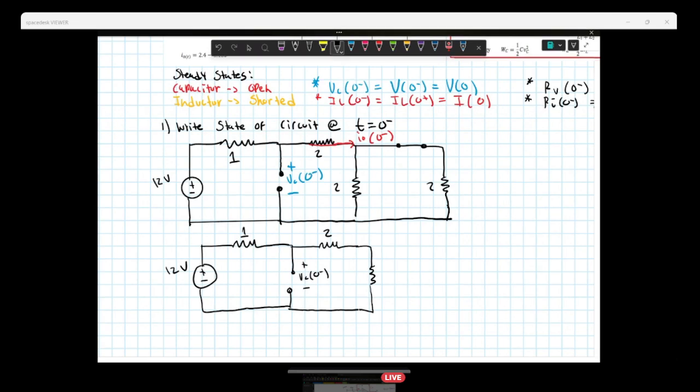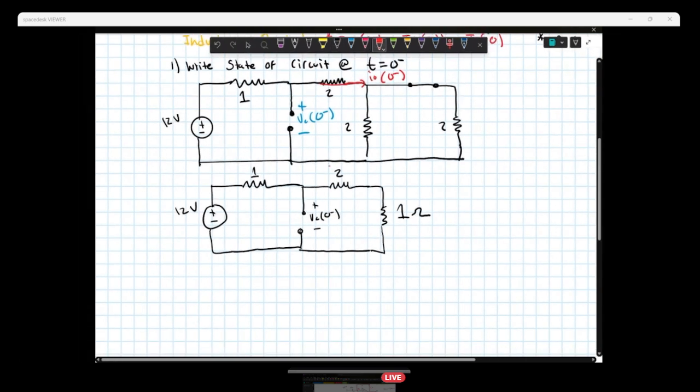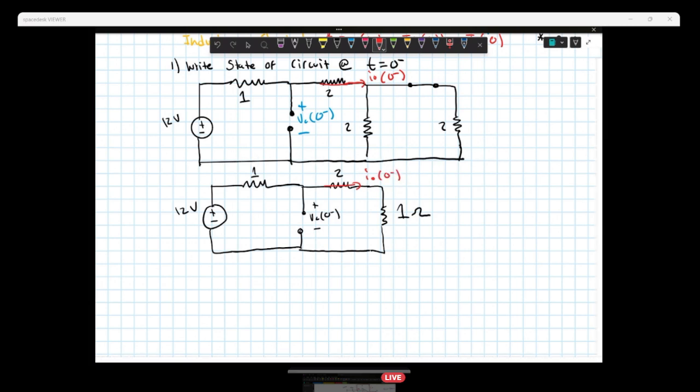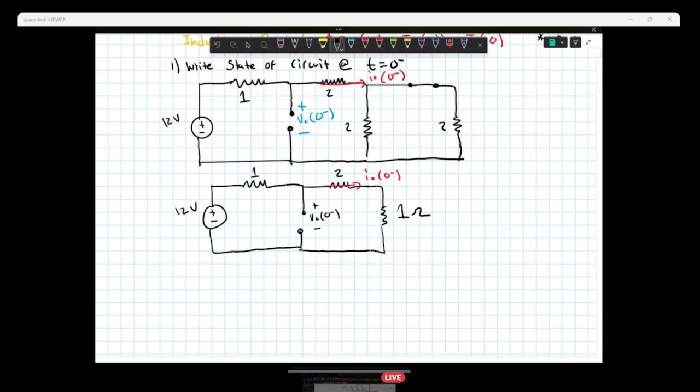Oh, all right, my bad. This is 1. And then we're still looking for this here. This is the current we're looking for, I0 at 0 minus. Trying to think here. Yeah, I'm just gonna do Ohm's law to solve for I0.